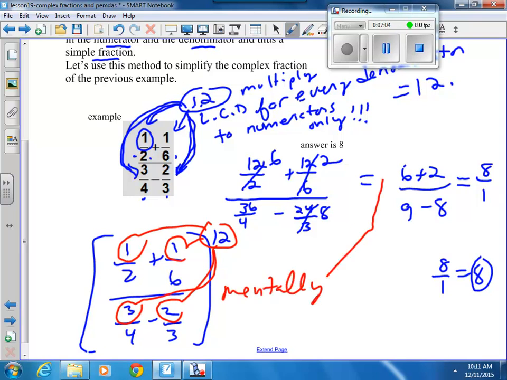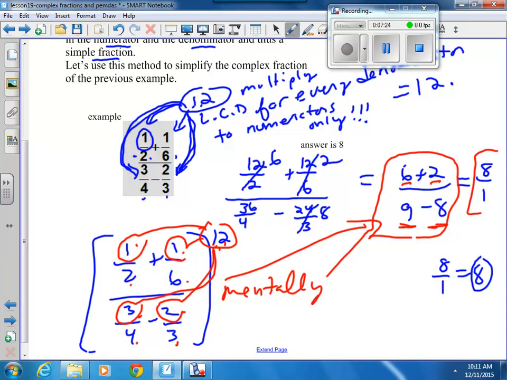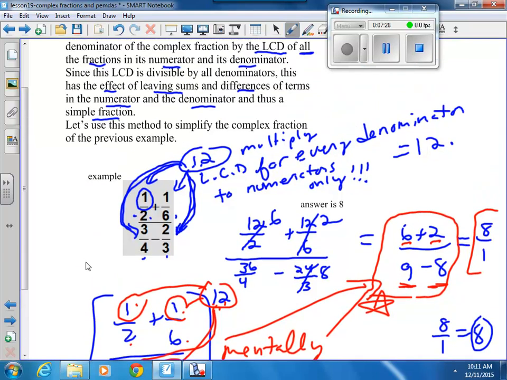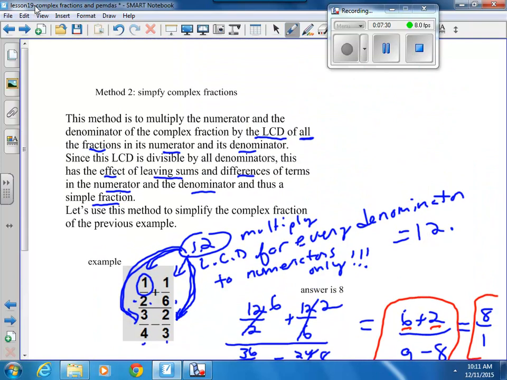You can arrive at this step very easily. 12 times 1, 12 divided by 2 makes 6. 12 times 1, 12 divided by 6 makes 2. 12 times 3, 36 divided by 4 makes 9. 12 times 2, 24 divided by 3 makes 8. See? So just practice mentally getting to this stage. That's a fun little game. All right. So that's method 2.